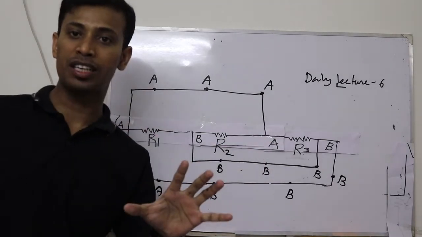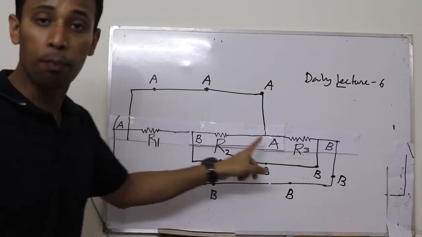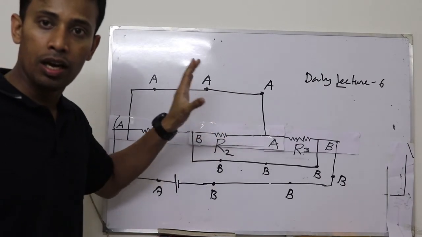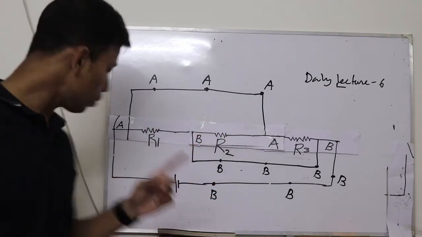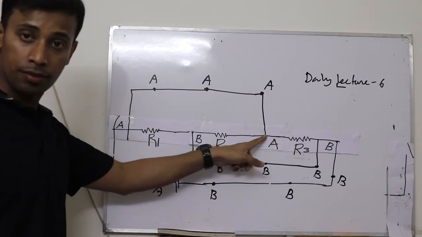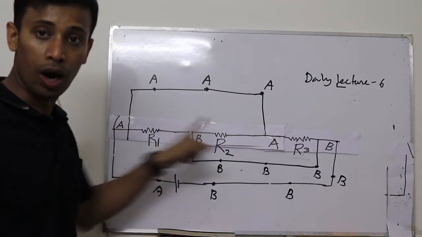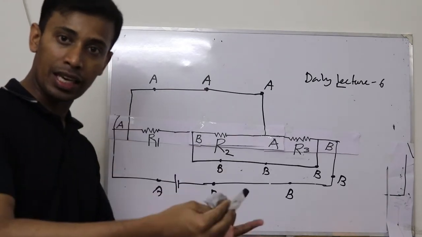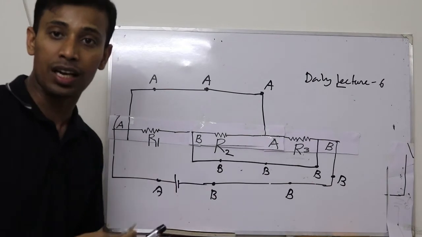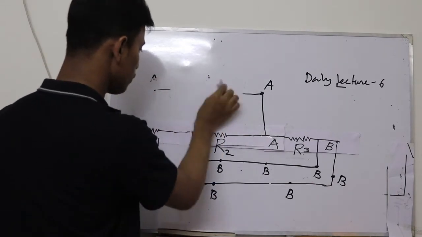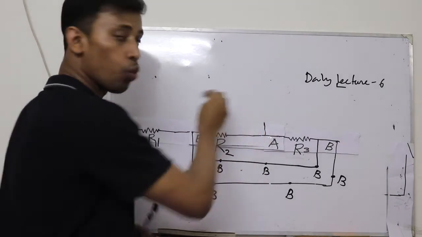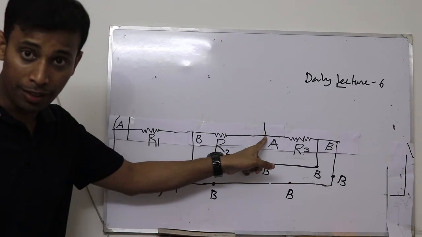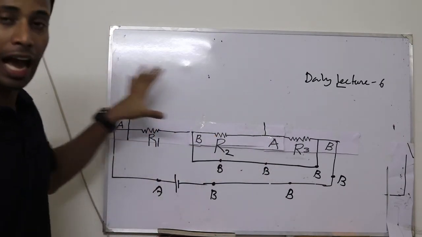The main purpose of a short is to connect the points. If this is A, this is A; it converts this point into this point. We already have the result of this short, so I'm just going to erase it.